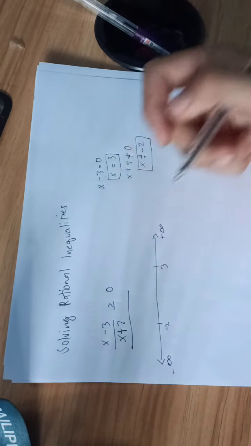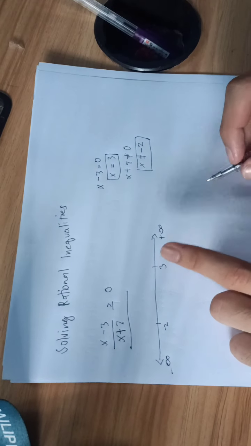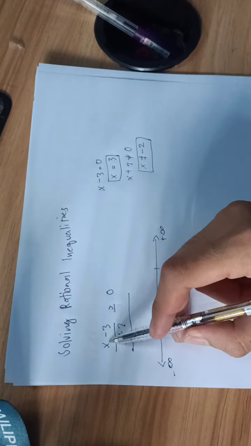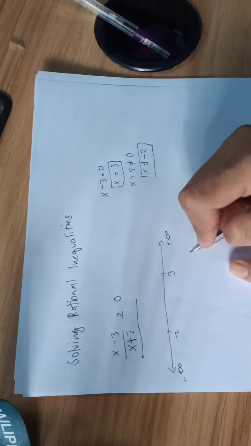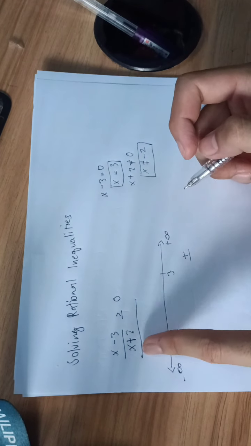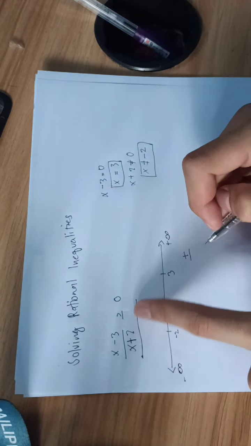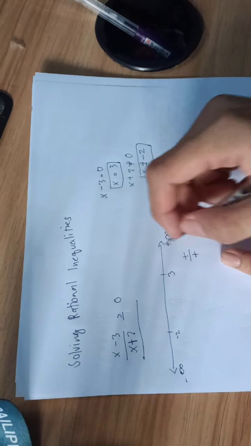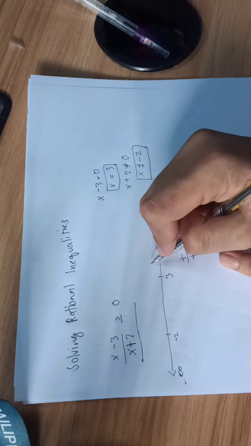For instance, let's say 4. 4 minus 3 is positive, and 4 plus 2 is positive. If we divide these, it is positive.